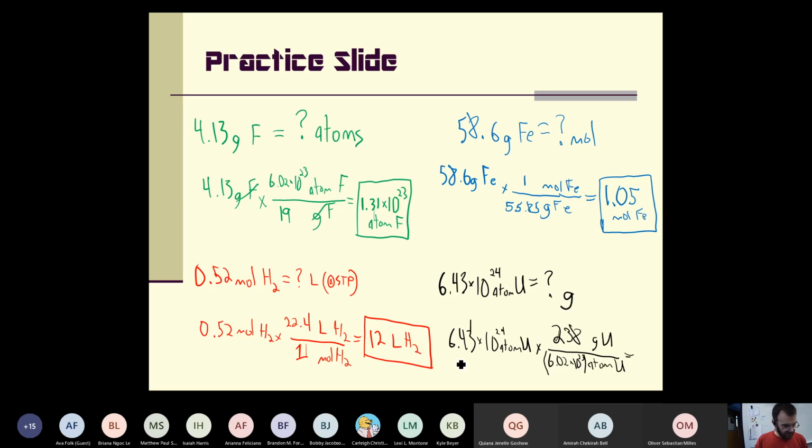And I find here, I've got 3 sig digs, so it is 2, 5, 4, my 3 sig digs, and my placeholder, and it would be grams of uranium.